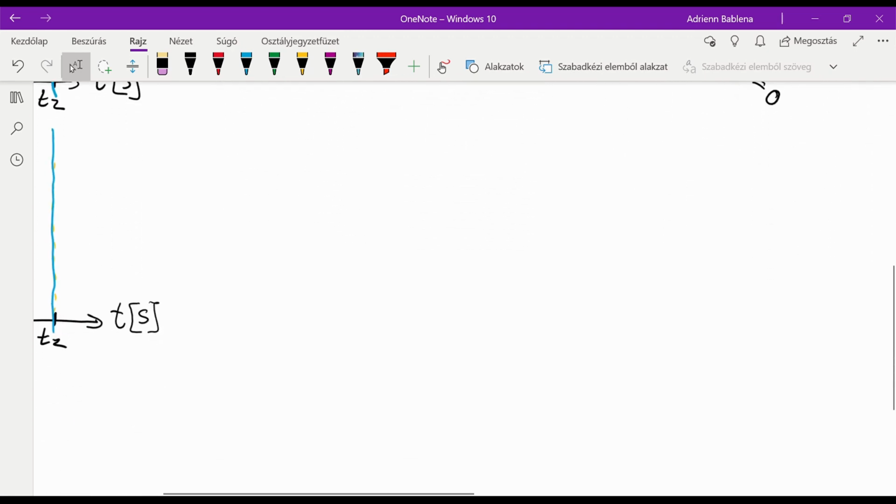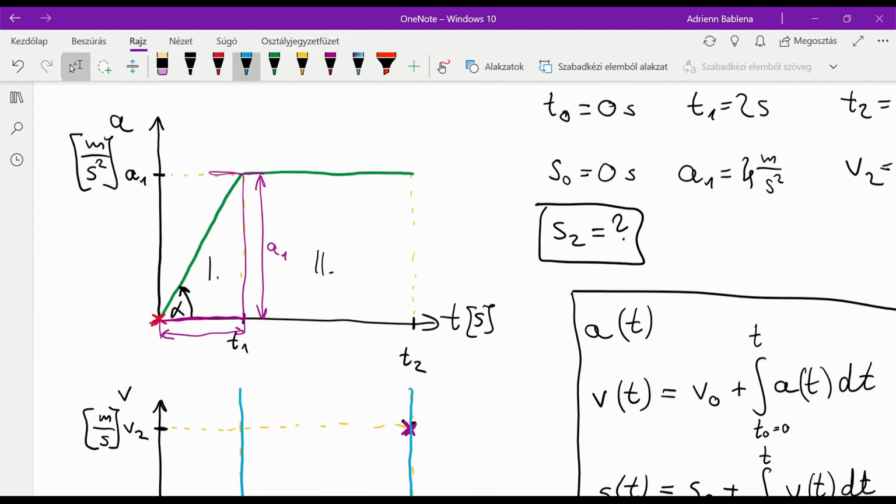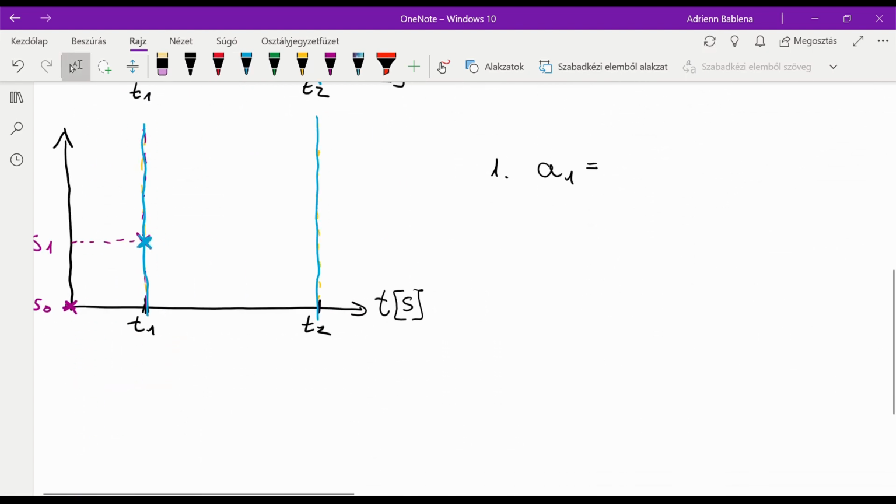First equation: at the left side let's write the values at the endpoint. The acceleration at t1 is a1, so we can write a1 instead of a at t1.